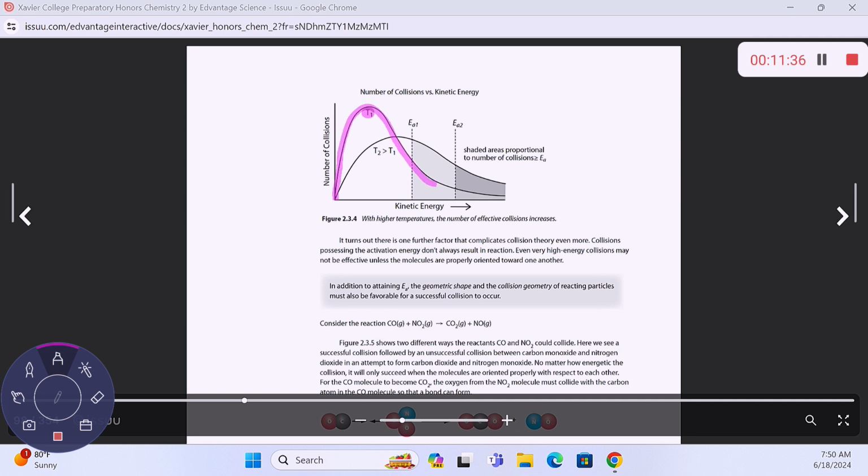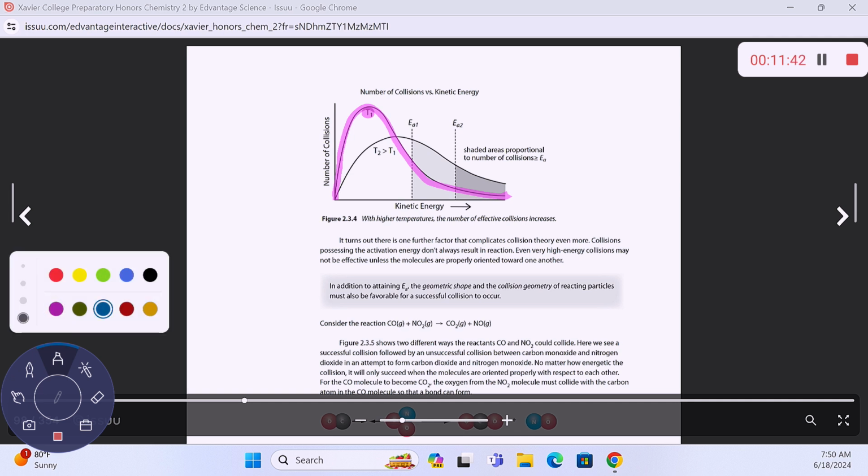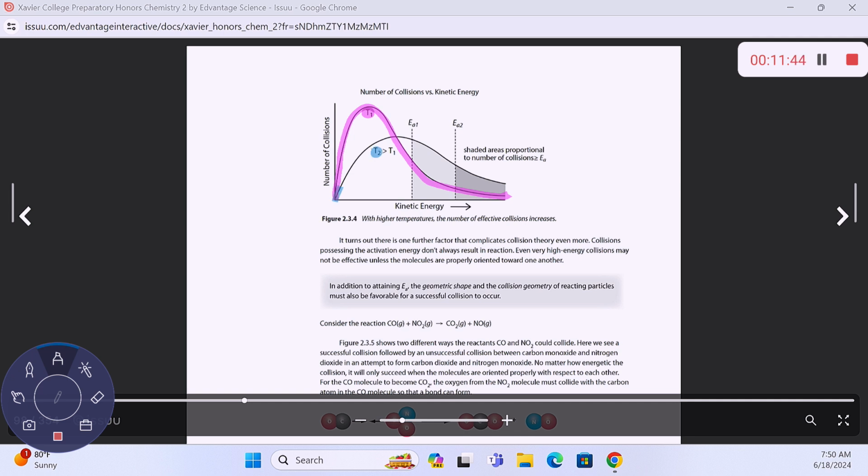You can see how a lot of the collisions that occur do not have enough kinetic energy to react. And then the other curve is at T2, so this is a higher temperature. You can see the shift that we have. And we have a lot more particles with higher kinetic energies, which should result in more successful collisions, which means we should produce product faster.